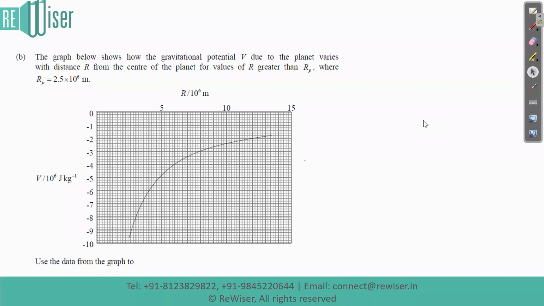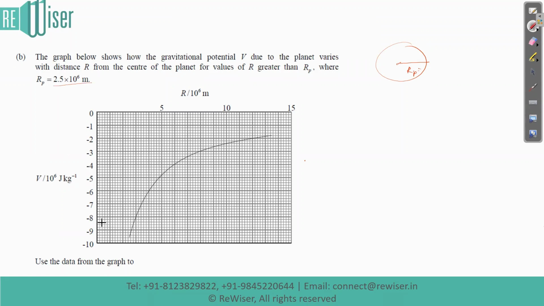Now B part. The graph below shows how the gravitational potential V due to the planet varies with the distance r from the center of the planet for values of r greater than rp, where rp is this much. The radius of the planet, they are saying, rp is equal to 2.5 times 10 to the power 6 meters.